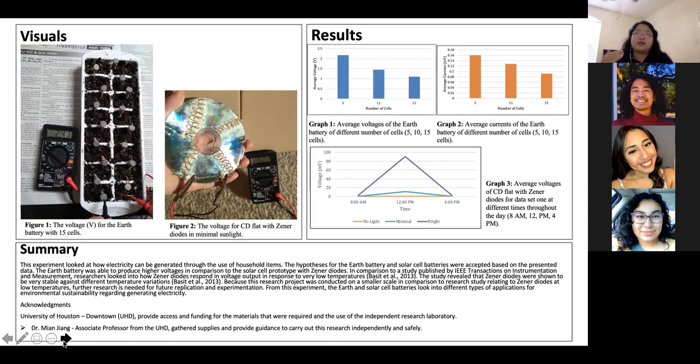The number of cells and temperature are the independent variables for the Earth battery and the solar cell battery respectively. Since this research was done on a smaller scale, I believe further replication and experimentation are needed to look into different applications for environmental sustainability in regard to how electricity can be generated.